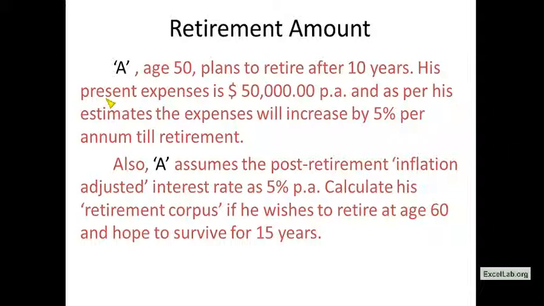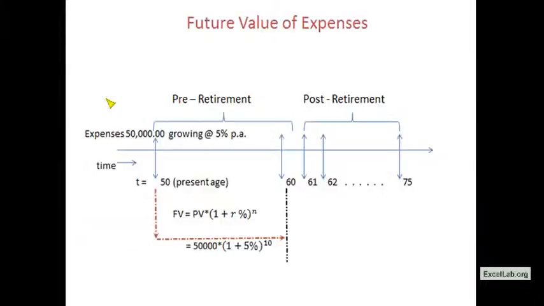So here we are going to use two concepts. The first one is compounding and the second is discounting. For compounding, you can check here. This is a timeline, and the expenses are $50,000 and will grow at 5%.